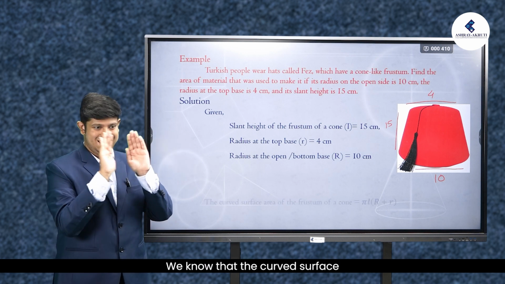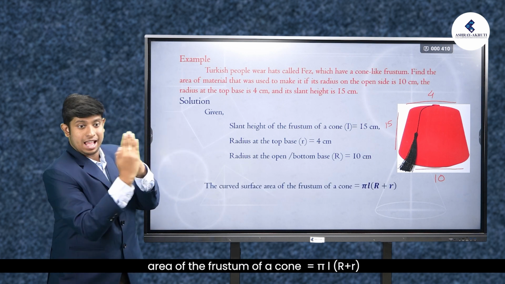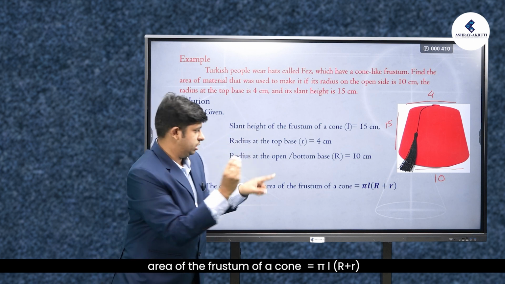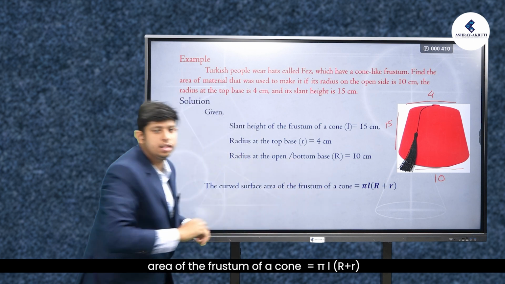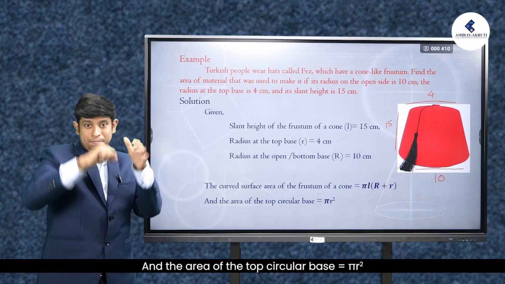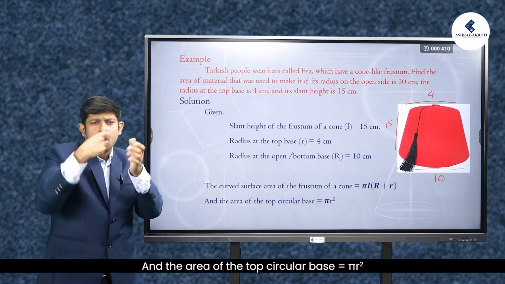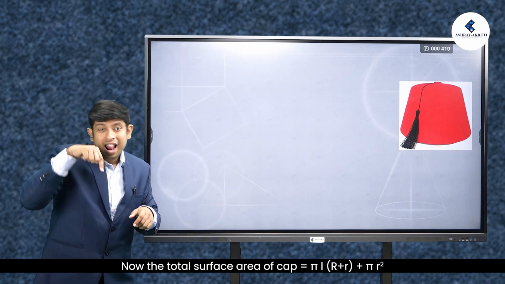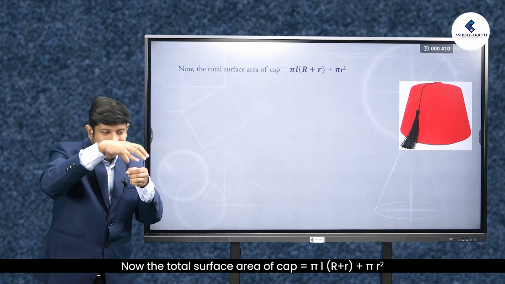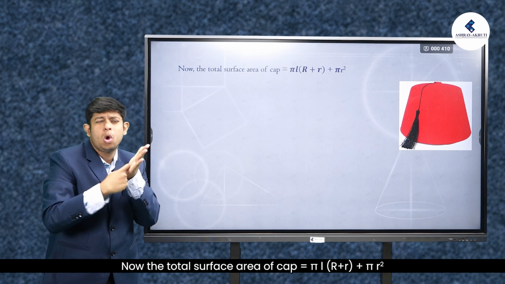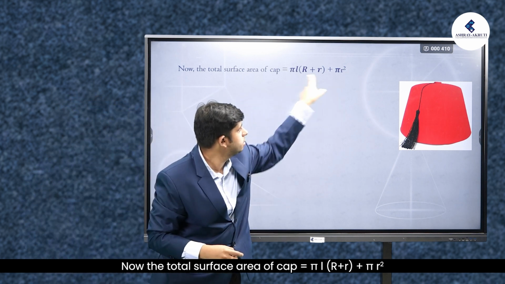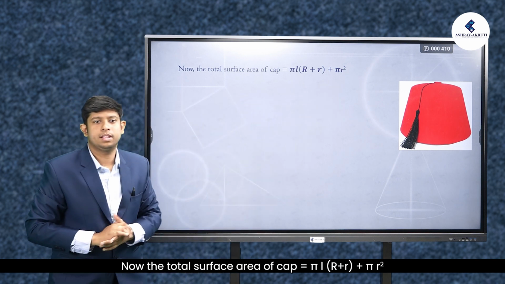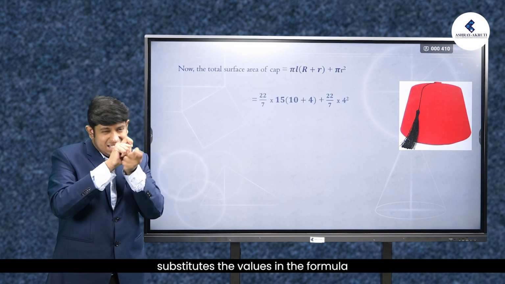We know that the curved surface area of the frustum of a cone is equal to pi L into capital R plus small r, and the area of top circular base is equal to pi r square. Now, the total surface area of cap is equal to pi L into R plus r plus pi r square. Substitute the values in the formula.